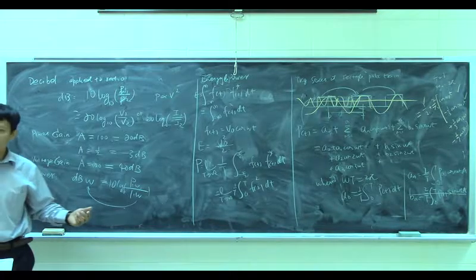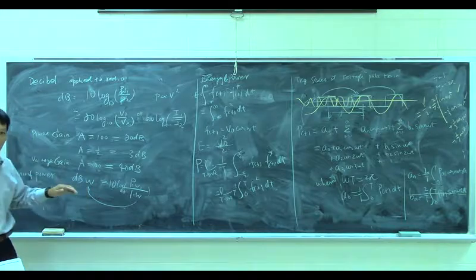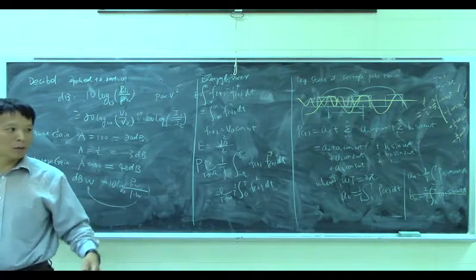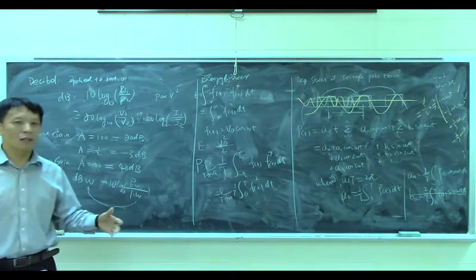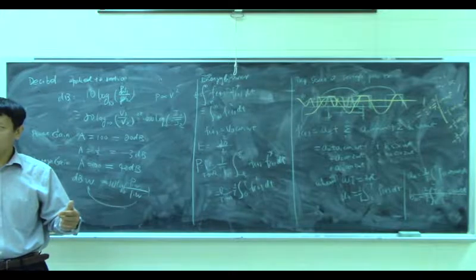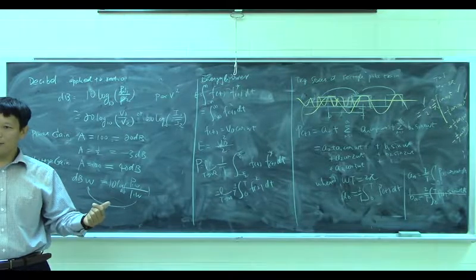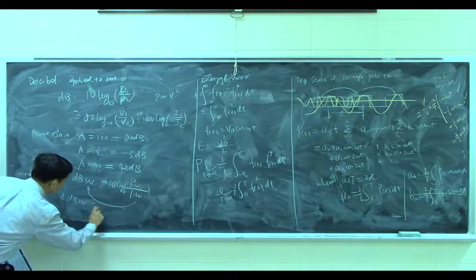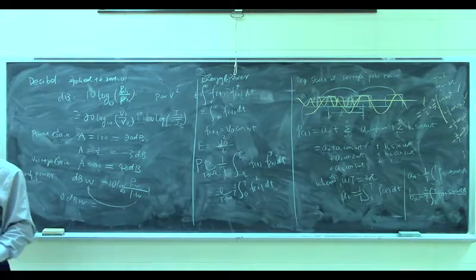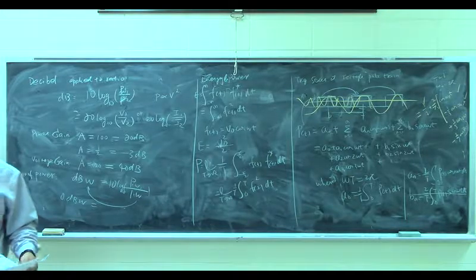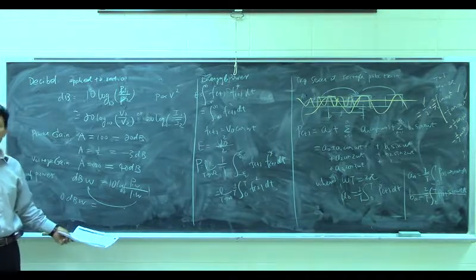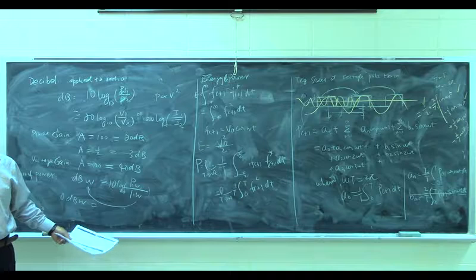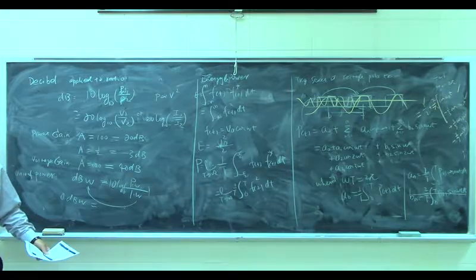Does this make sense? Okay, so for example, I said the power to the transmitter equals 0 dB watt. How large is the power in the traditional way, in watt? 0 dB watt equals how many watt?